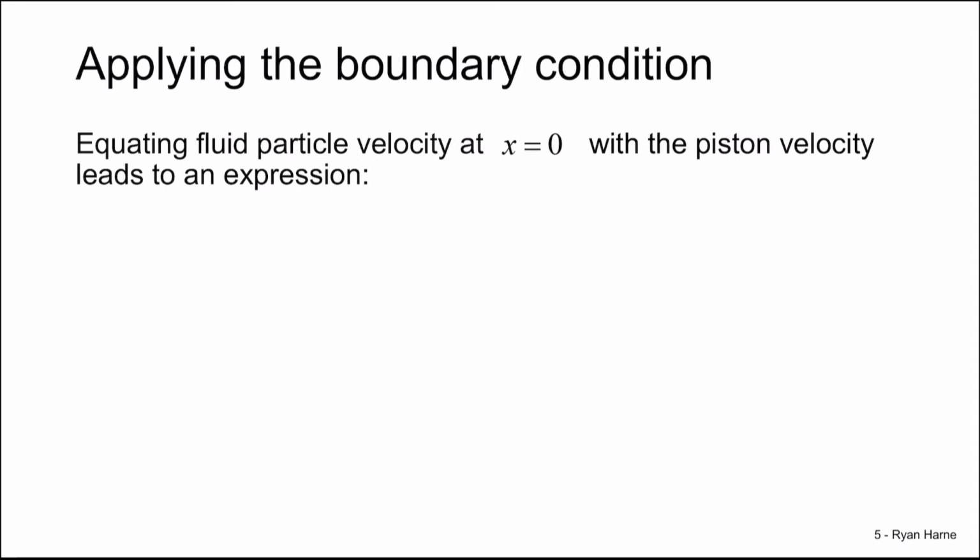Let's apply the boundary condition to determine these unknowns, amplitude A and constant k. So the boundary condition is that the fluid particle velocity at x equals 0 must be equal to the piston velocity due to continuity of the motions of those surfaces and particles. So the piston velocity is minus ωD sine ωt.